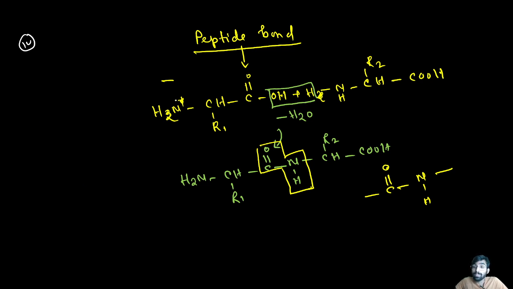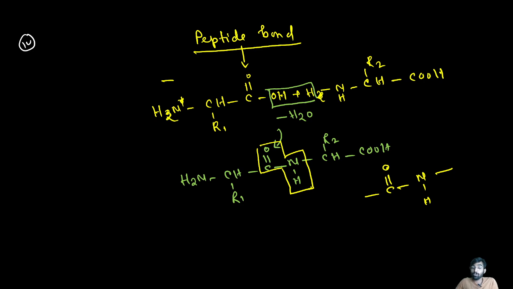But remember, the peptide bond is not spontaneous. Just assume two unknown people are there, and they don't know each other, so how can they start a conversation? Sometimes we need a third person who will make the path easy.